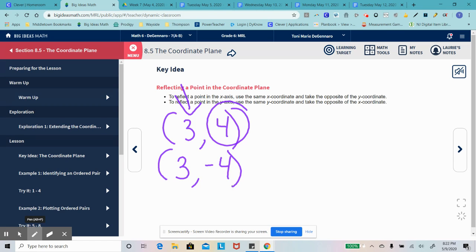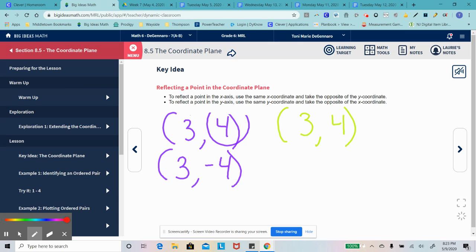So if I go back and erase so that you can see what I'm doing up here, and I'm going to change the color. We're on the second bullet. If it says to reflect a point, let's do it over again, 3, 4. Let's do red.